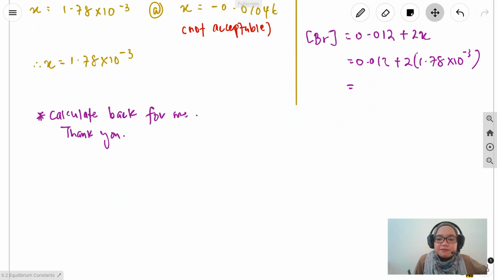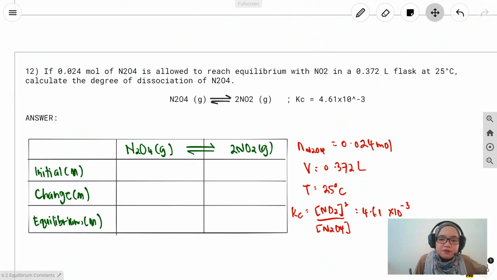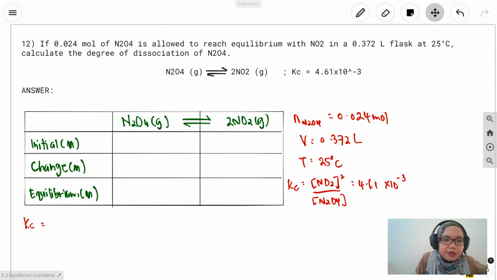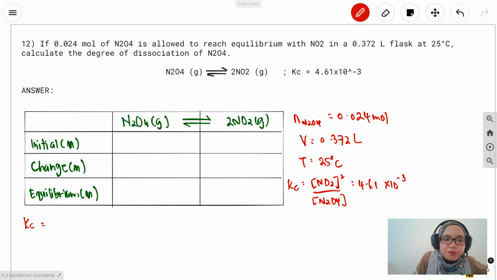So next, we're going to look at the second question, question number 12. If 0.024 mole of N2O4 is allowed to reach equilibrium with NO2 in a 0.372 liter flask at 25 degrees Celsius, calculate the degree of dissociation of N2O4.